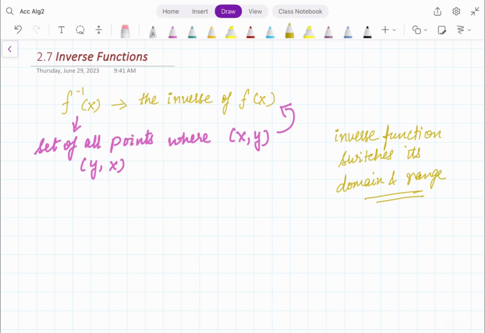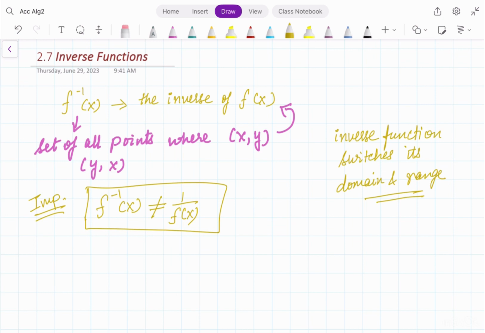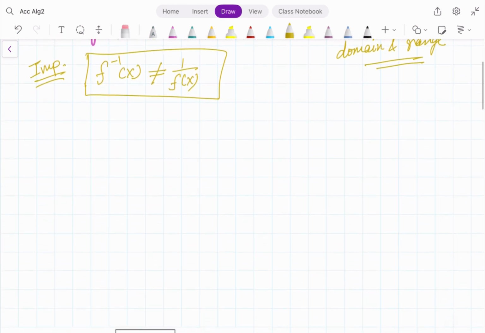Let's understand it. One important thing about the inverse function. The notation for the inverse function is f -1 x. This is not equal to 1 over f of x, because till now you have learned that a to the power of -m will be 1 over a^m, right? The basic exponent property. But this is different when we are talking in terms of inverse.